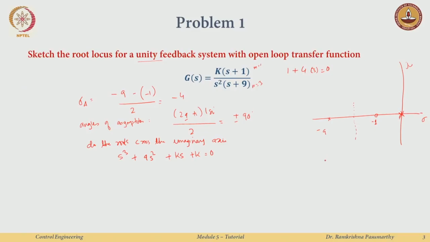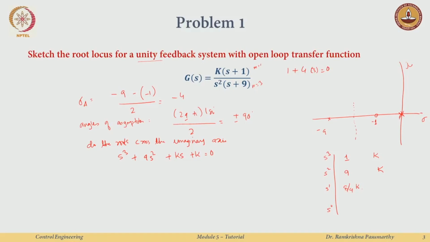So, I just quickly draw the Routh table. I have s cube, s square, s power 1, s power 0. For s cube I have a 1, I have a k, I have a 9, I have a k, and what comes here is 9 times k minus k, divided by 9. So, that would be 8 by 9 times k.